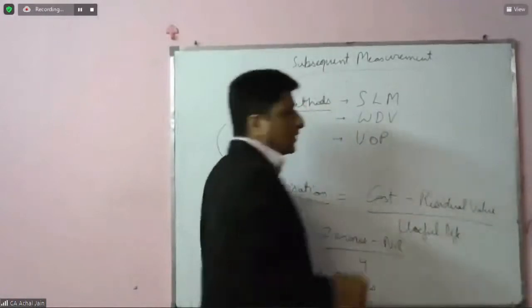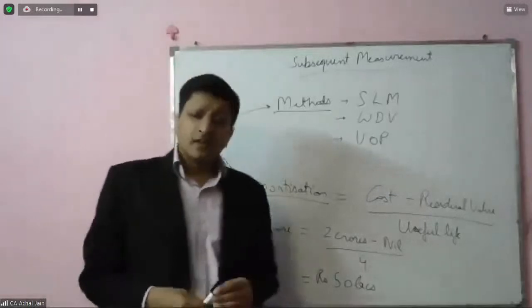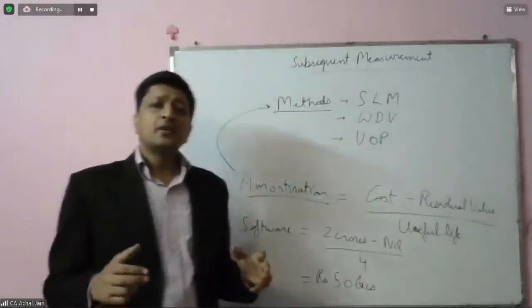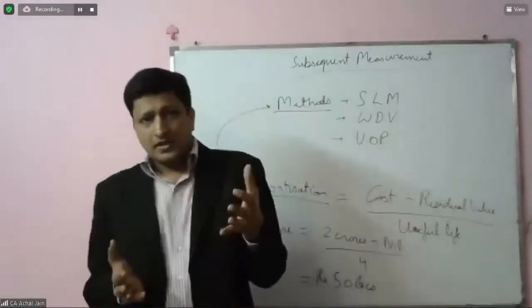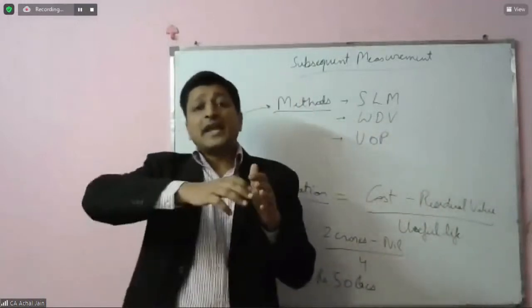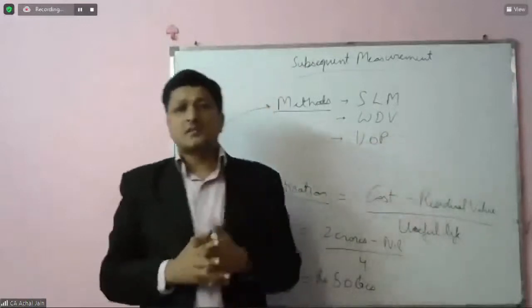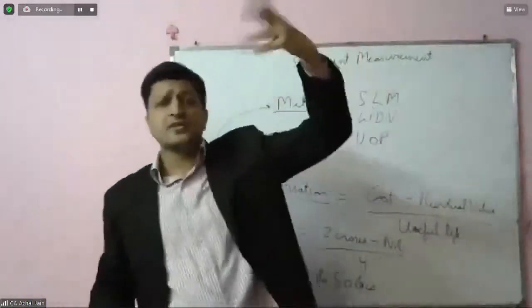UOP, units of production method, wherein instead of picking up life, what do you pick up? Number of units. Say if we have any intangible asset, we say we will be able to generate 1 lakh units using that intangible asset. We are not saying that intangible asset will be used over 3 years, 5 years, 6 years.